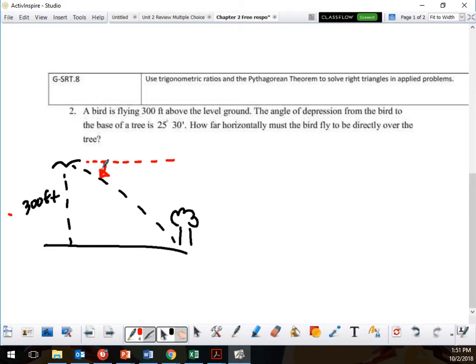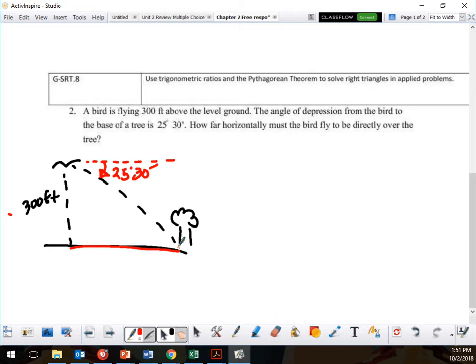So the angle of depression right there is 25 degrees, 30 minutes. How far horizontally, that means down here, how far from here to here must the bird fly to be directly over the tree?